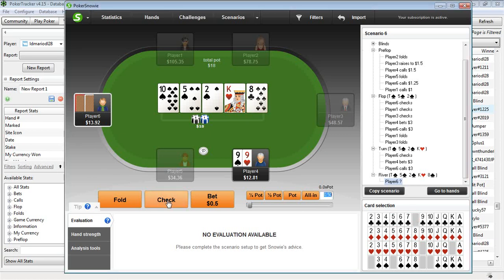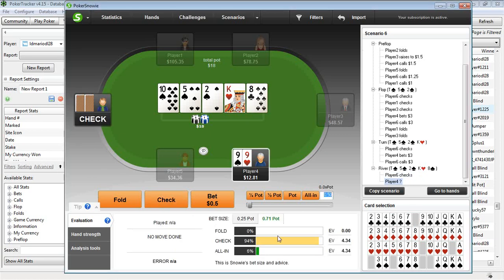He checks. I'm going to check too. It's .71 pot. I could check or bet, but checking is usually going to be the right play here. Let's take it to showdown. I can win with a pair of nines. But let's look at something else.